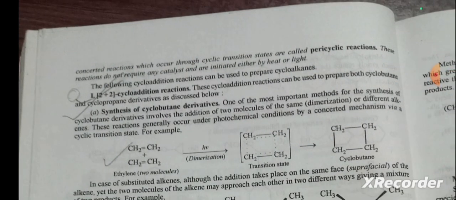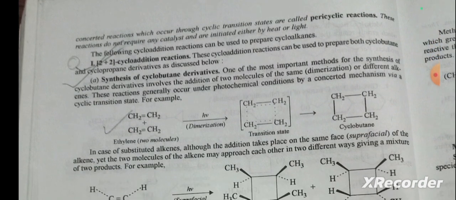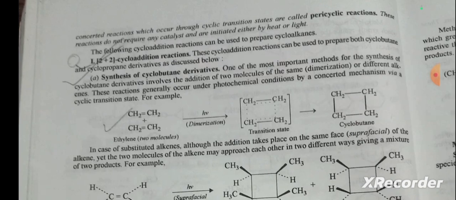The following cycloaddition reactions can be used to prepare cycloalkanes. First, the [2+2] cycloaddition reaction. This cycloaddition reaction can be used to prepare both cyclobutane and cyclopropane derivatives as follows. First, synthesis of cyclobutane derivatives.